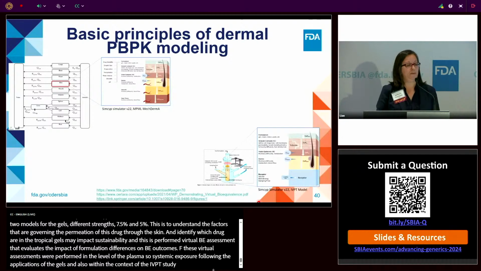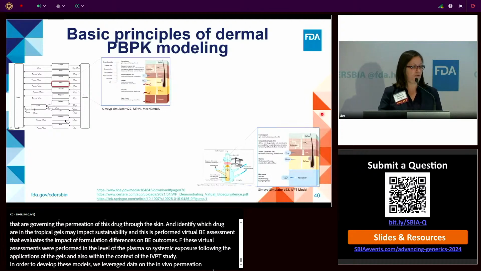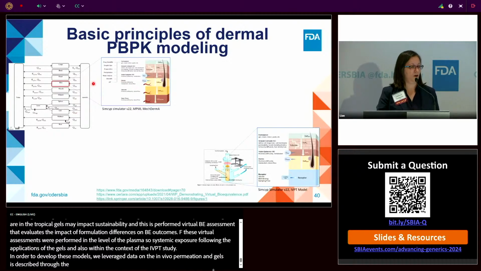In order to develop these models, we leverage data on the in vivo permeation, the in vivo absorption of dapsone gels, and that is described through the model, the schematic on the top here.